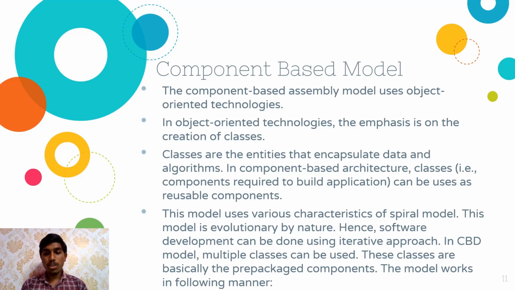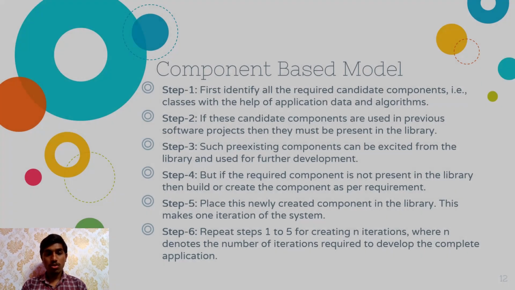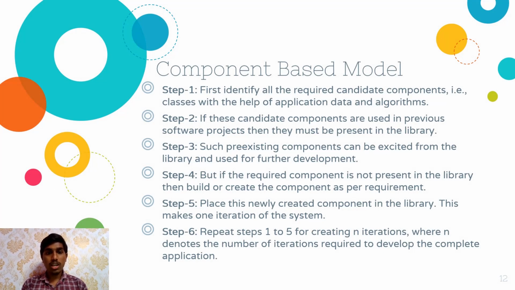In component-based development model, multiple classes can be used. These classes are basically the pre-packed components. The model works in the following manner. Step 1. First, identify all the required candidate components, that is classes, with the help of application data and algorithms. Step 2.